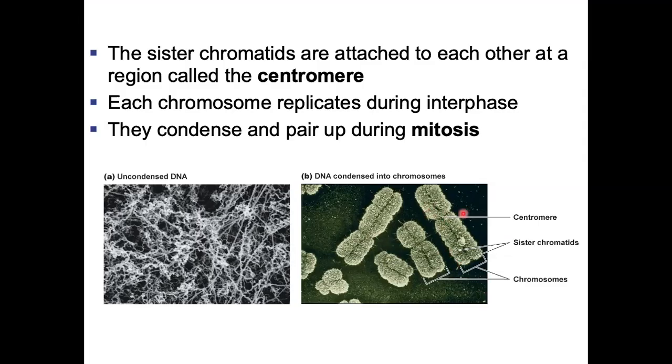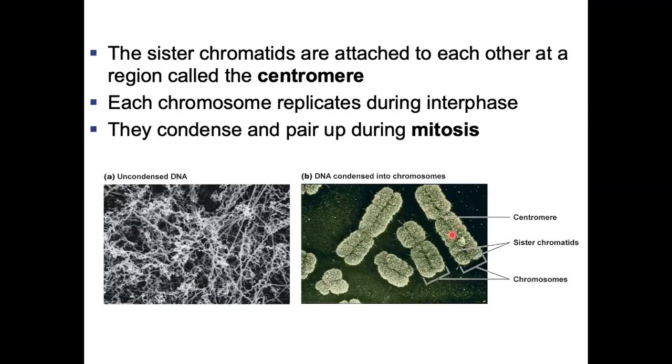This is one chromosome, and one portion of that is a chromatid, and then the other portion is a chromatid as well. They're the same chromatids, they just have slightly different versions of each gene. So this would be from mom, this would be from dad.